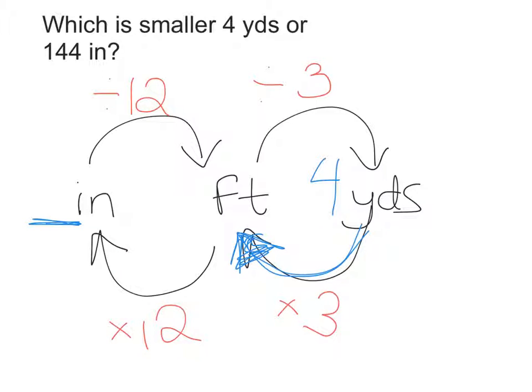So 4 times 3 is going to be 12. Now can I get to my inches? Absolutely I can. So I can do 12 feet, because that's what I have. Take my finger to what I want, inches, times 12. So I have 12 times 12 gives me 144.